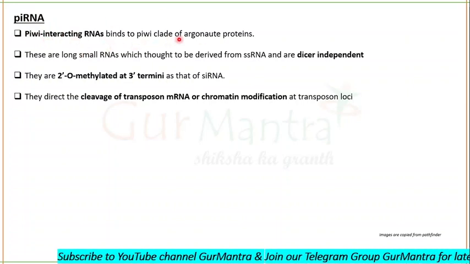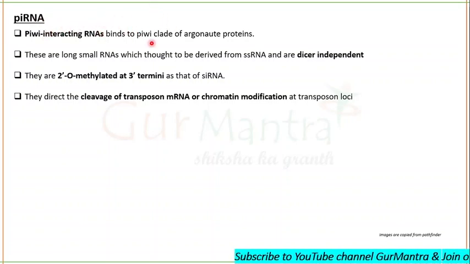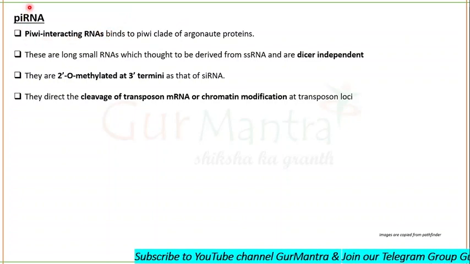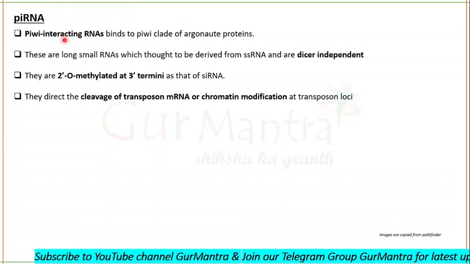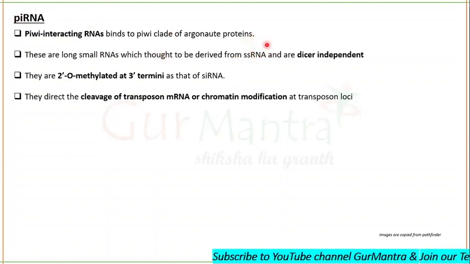Actually, there is a PIWI clade in the Argonaute proteins, and these piRNAs bind to that particular clade. These are comparatively longer than miRNAs and siRNAs. And it is thought that piRNA is derived from single-stranded RNAs.